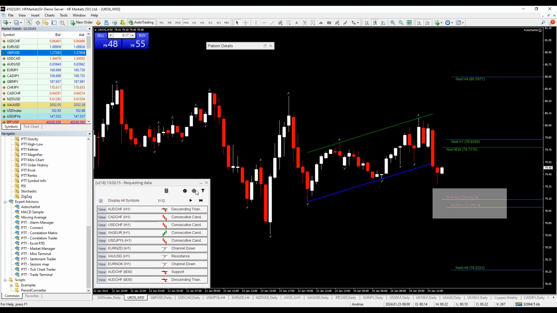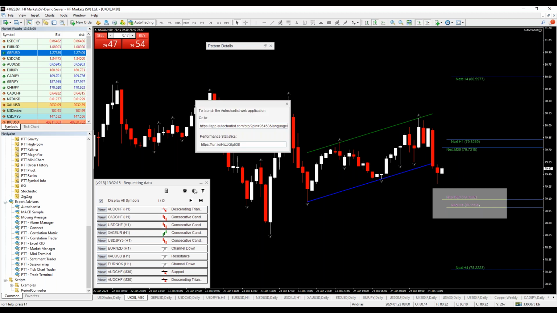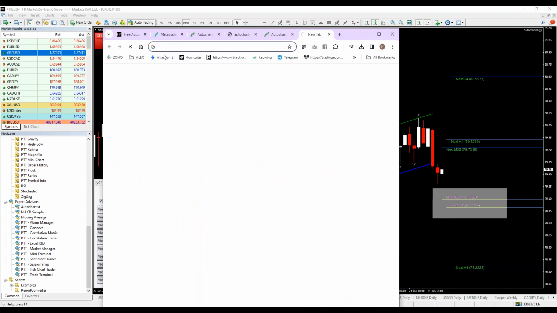Now, there is a web interface that is even more useful, if you ask me. By clicking on this icon over here, you will see this window. The first is a link for the web interface and another link for performance stats. Let's check the first link. I copy the link and put it in my Google.